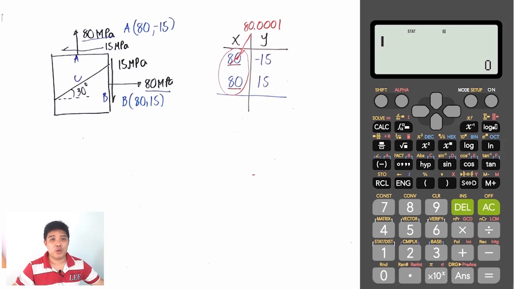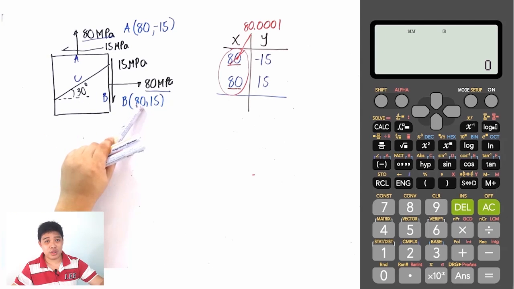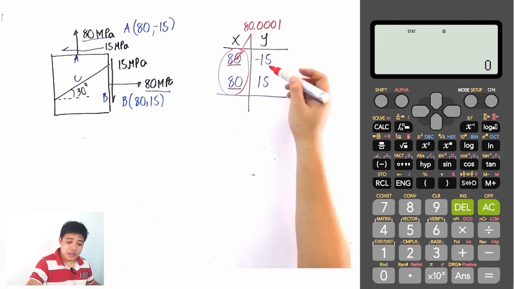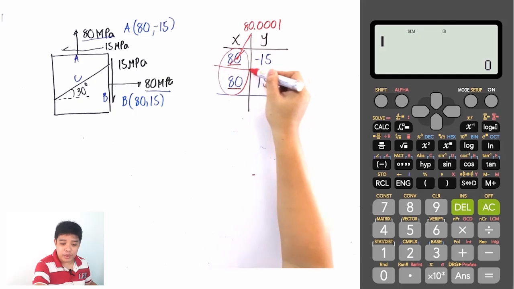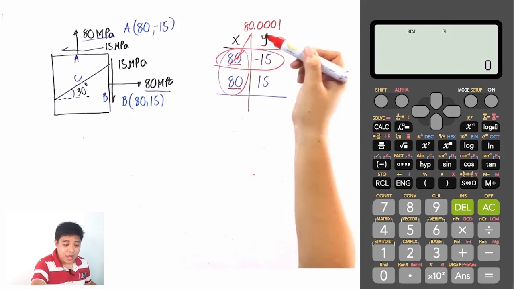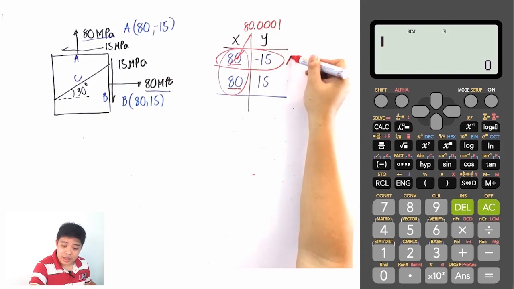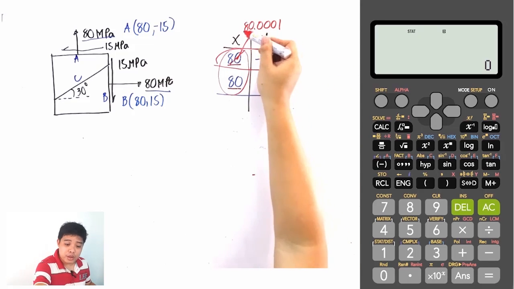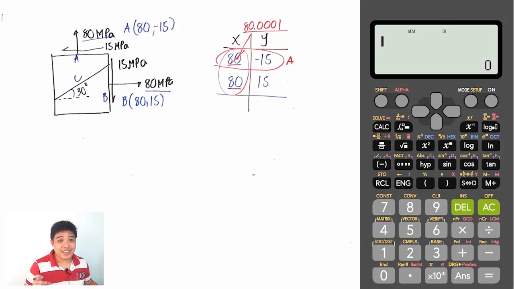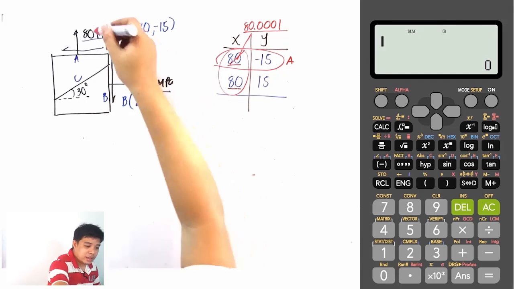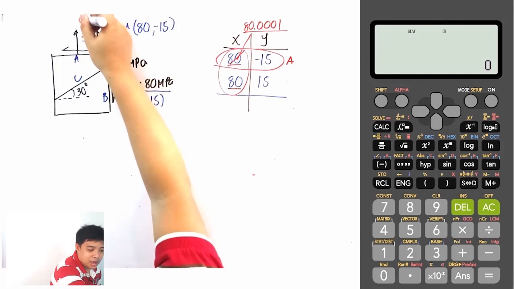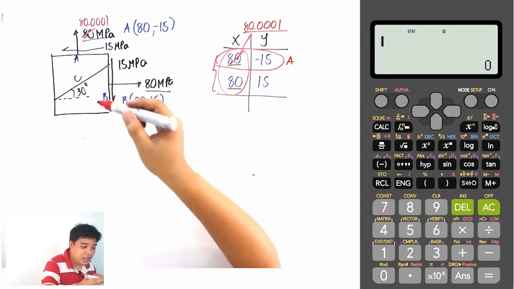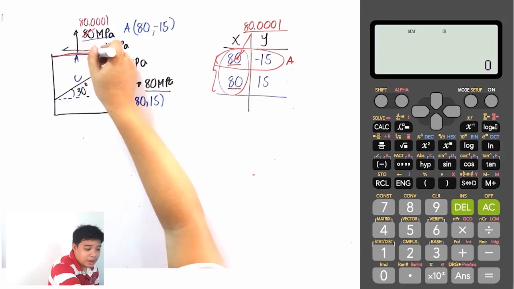And now you want to get the normal stress and shearing stress on C. Since you made this 80.001, which is the stress on plane A, it is slightly greater. Therefore, this one will be our reference plane.